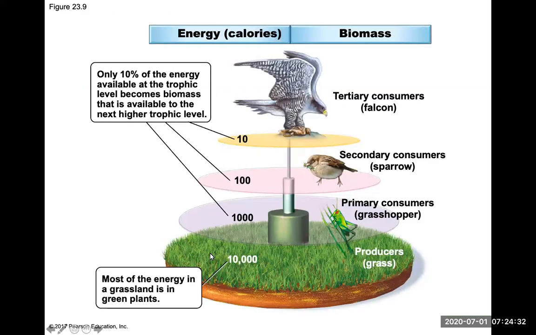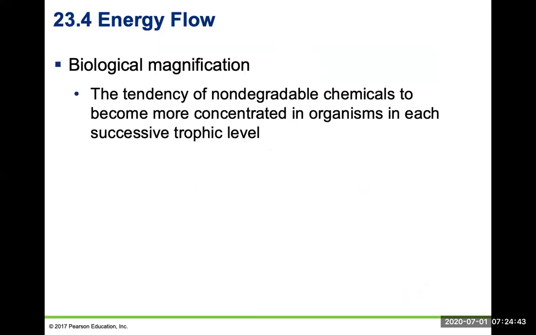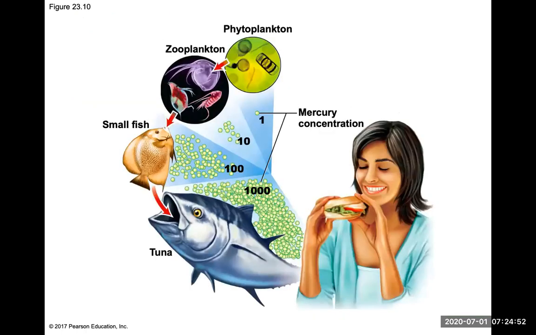So this is a look at energy in calories from producers, showing how much energy is lost as we go up each trophic level. Magnification is the tendency of non-degradable chemicals to become more concentrated in organisms in each successive trophic level.